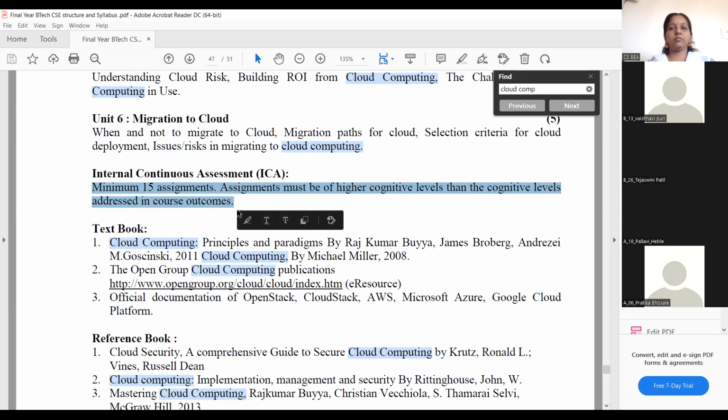Some written material and written questions will be there, and for the remaining we will go for experiments. It is not written over here that you should go for experiments. Just 15 assignments, so these assignments may be based on the experimental output also.